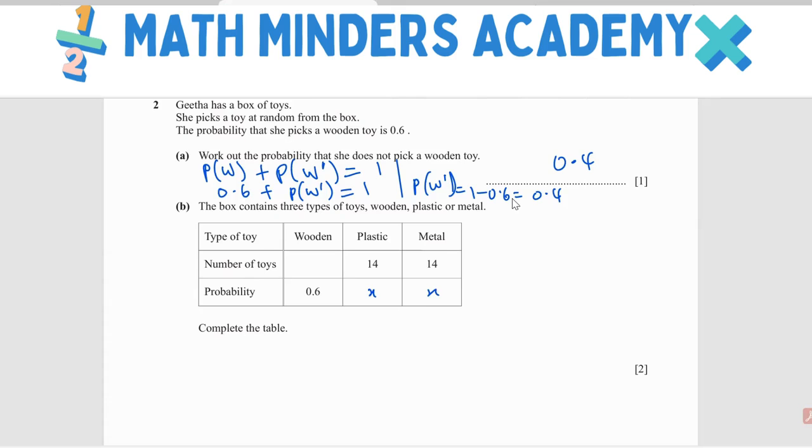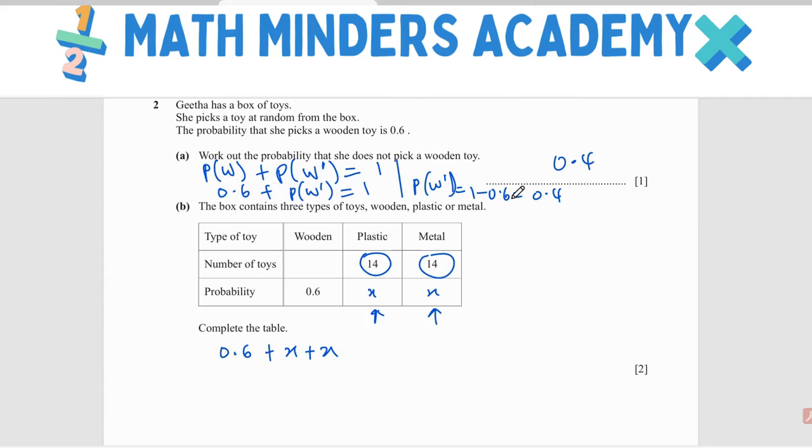Then the three of them is going to give us 1. That is, we know that 0.6 plus x plus x. Why am I using x here and the same x here? Because I have the same number here. So they will have the same probability. The same, plastic is 14, metal is 14.